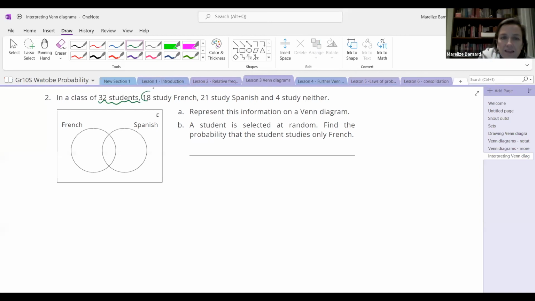And if you look at the 18 and the 21, that adds up to more than 32. 18 plus 21 is 39. And you have the 4 students who study neither. So we can put those 4 outside of the circle. So that means the French and the Spanish students together must make 28.